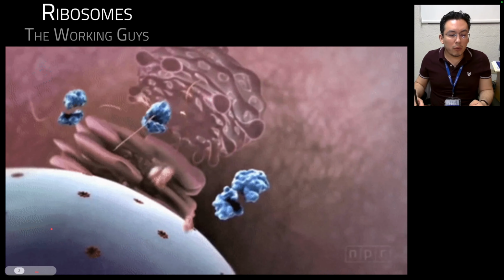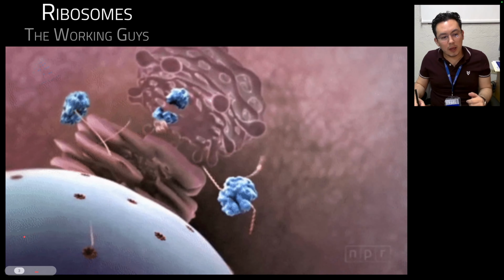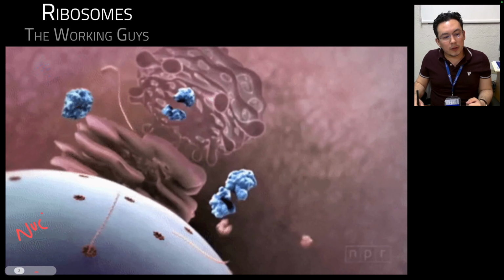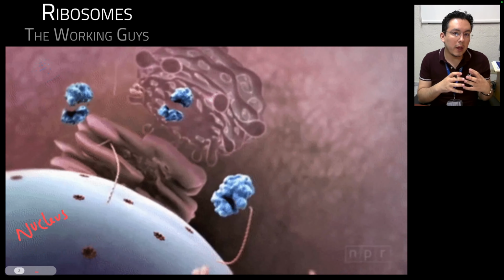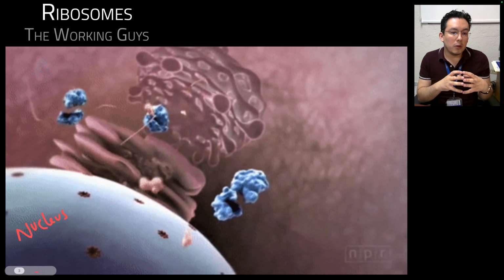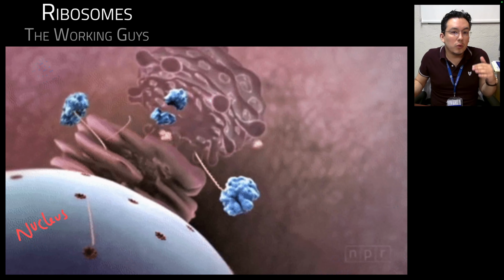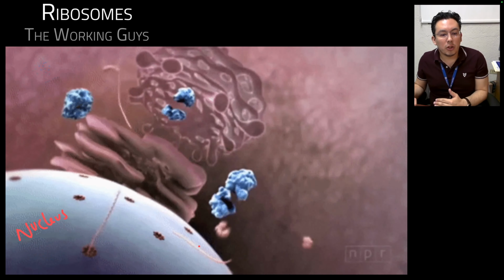So if you may recall, the nucleus, which is this big thing in the left, the nucleus is one of the largest type of organelles that we have in the cell, and you may recall the function of the nucleus is to store genetic information.